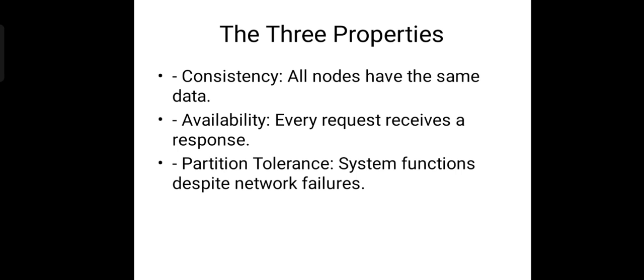So, when a client requests data, it should receive a response regardless of the state of any individual node. The system must be operational at all times. For example, even if some nodes are down, your request still gets a response from other nodes.